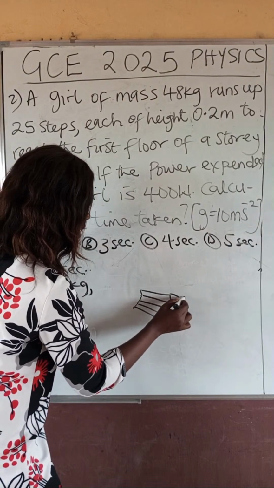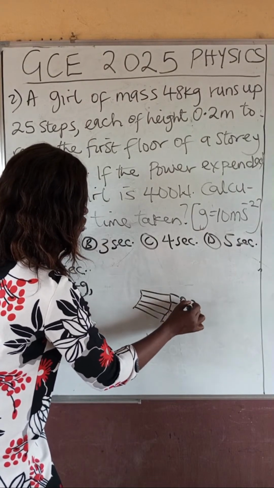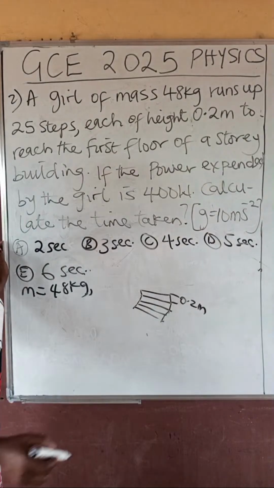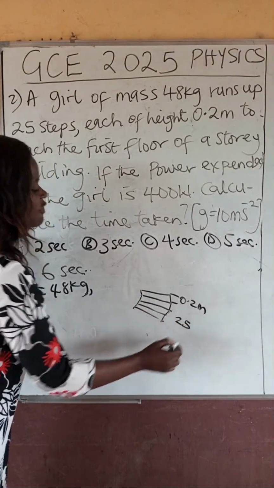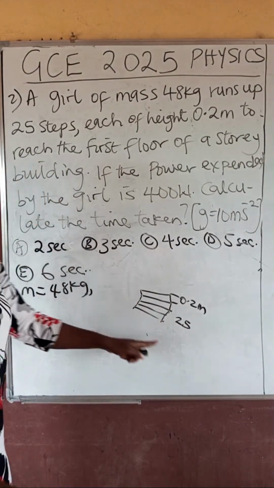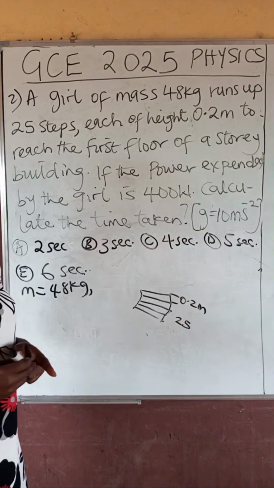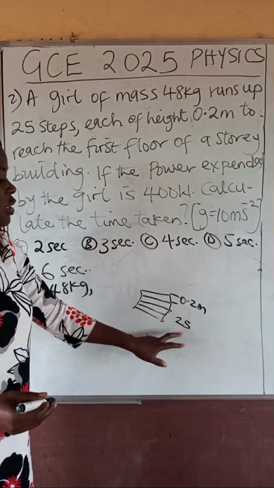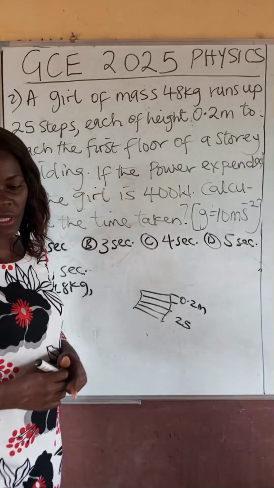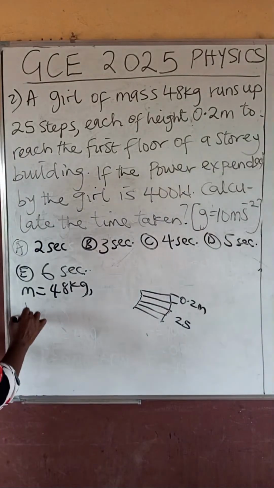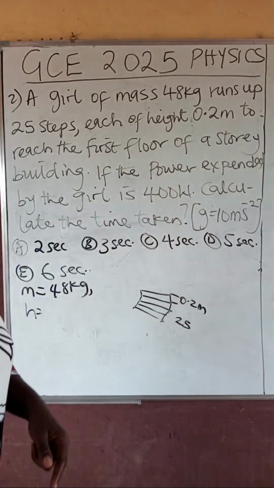The height from here to here is 0.2 meters, and the girl climbed 25 steps. How do you calculate the total height? We have to say 0.2 multiplied by 25. That will give us the total height the girl has accumulated.